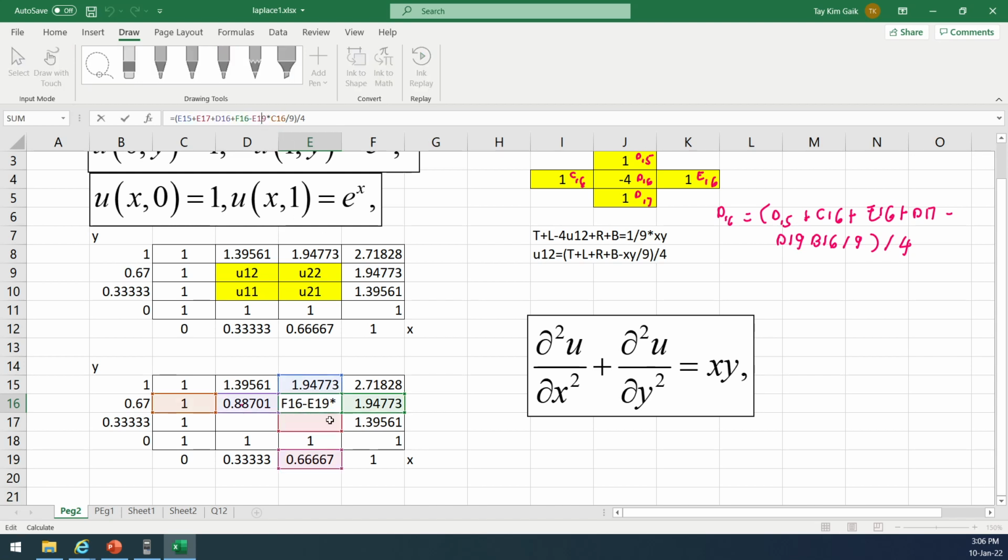So x is correct, but y moves. Because when you copy it to the next column, D19 will become E19, correct, but B16 becomes C16. You see, x is correct, but the y value moves to C16, which is wrong.